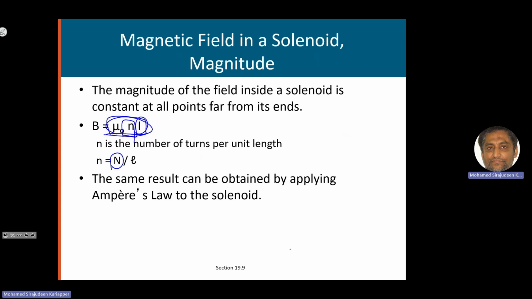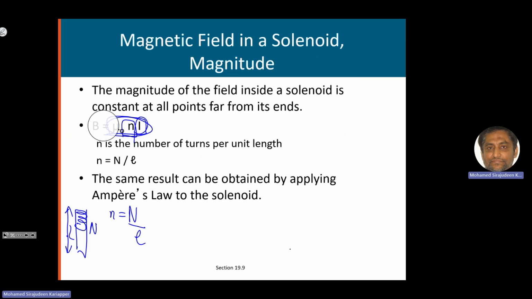It is the number of turns per unit length, the length or the height of the solenoid. If you have several turns, and this is the height of the solenoid, and you have N number of turns, the small n is the total number of turns divided by the length of the solenoid.